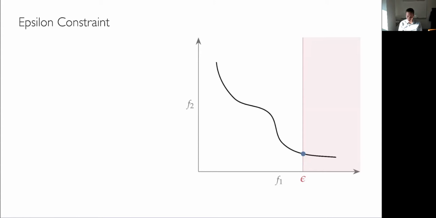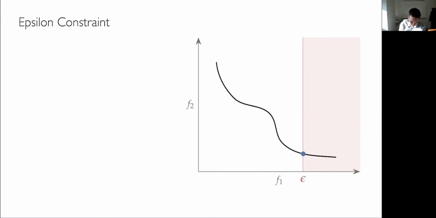Basically what we do, in the case of two, is take one of the objectives and turn it into a constraint. So it's going to be this inequality constraint. And so here I've got this infeasible region, and I'm going to just minimize the other objective. And so it's going to give me this point here, right? And then I change the constraint, I move it over, and over, and over until I've swept out my Pareto front.